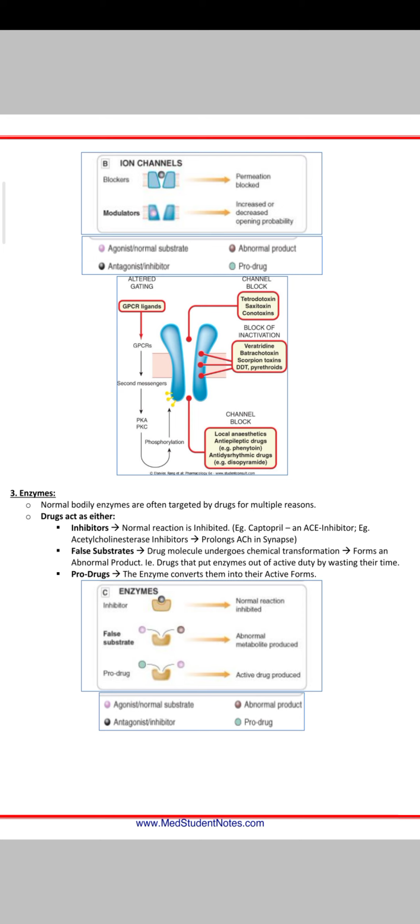Next is altered gating or channel block. In GPCR ligands, the GPCRs go to the second messengers, which are PKA or PKC, which lead to phosphorylation, which then passes to the receptors.